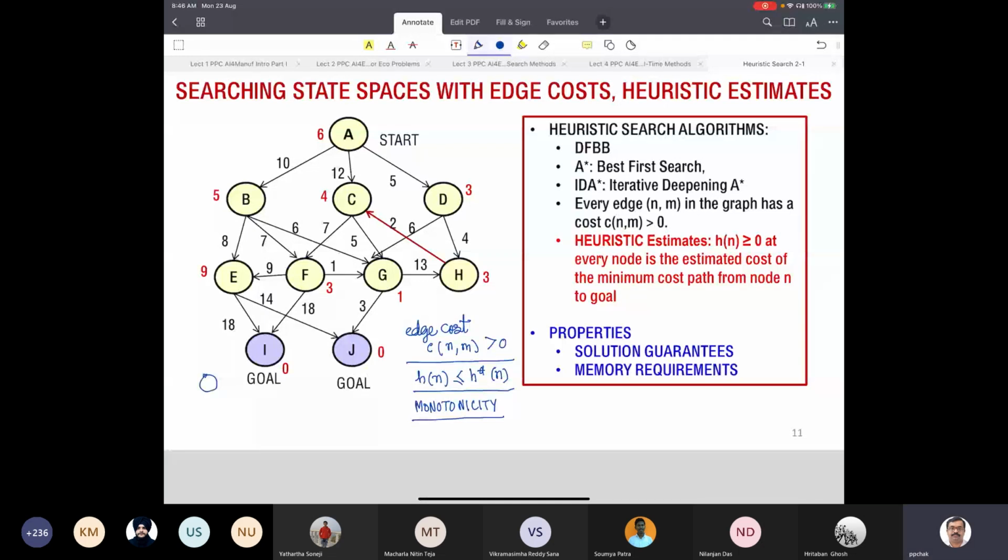Suppose a node has a child. So suppose this is node P and this is node Q, and let the heuristic estimate of node Q be 10. Let the cost of the edge from P to Q be 5.